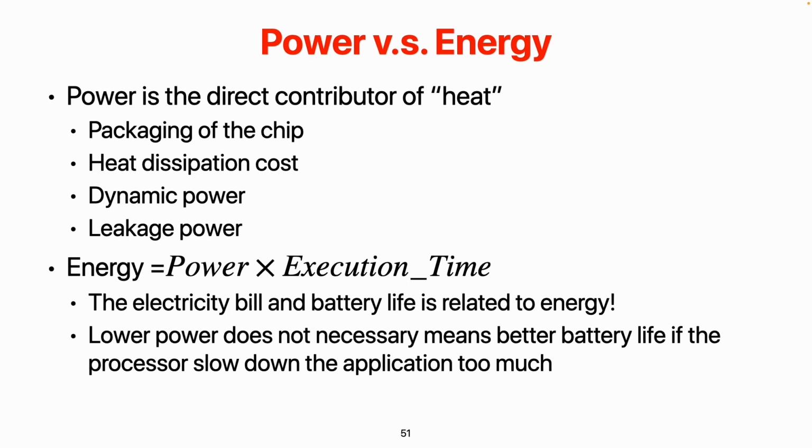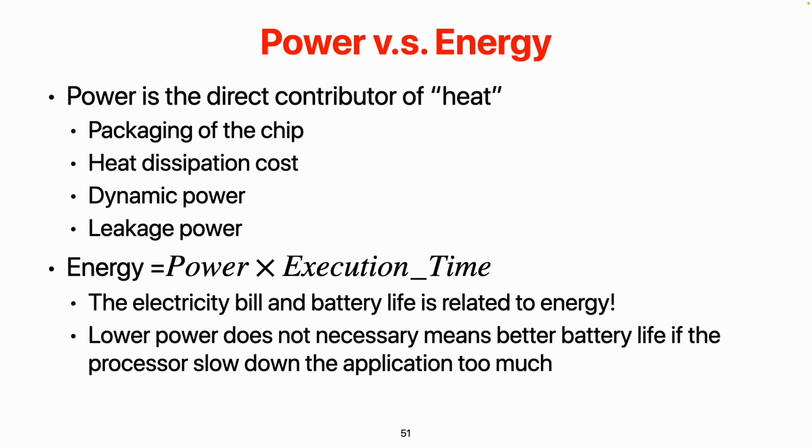If I drain a lot of electricity in a single period of time, I would have to generate a lot of outcome within that period, which also means I'm going to generate a lot of heat. So power contributes to heat, and it will affect the dissipation cost and the packaging of your chip. If your chip is not using the right packaging, then it will get burned. So that's the problem.